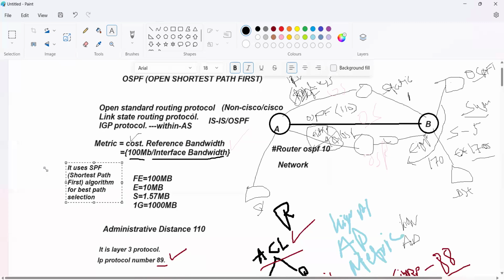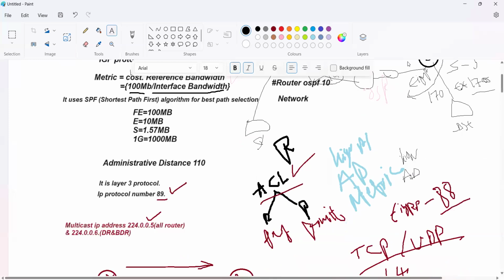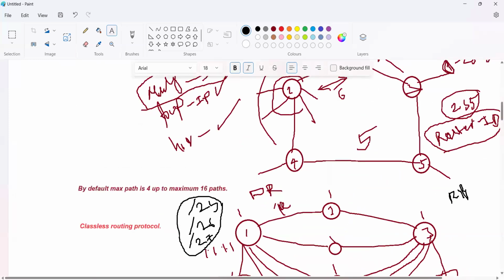It is SPF, the shortest path first algorithm. We also call it the Dijkstra algorithm. This is all about OSPF.